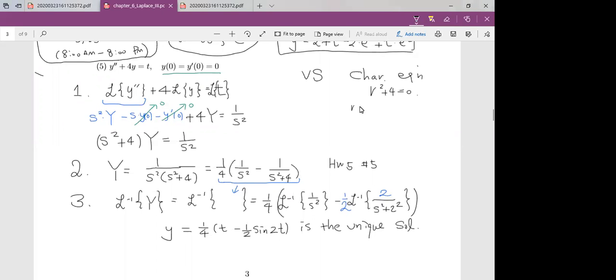That means r is plus minus 2i, right? Those complex roots will give you the complementary solution. The real part is 0, the imaginary part is 2. So the complementary solution is a combination of a cosine term and a sine term.